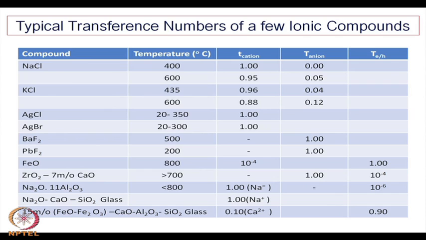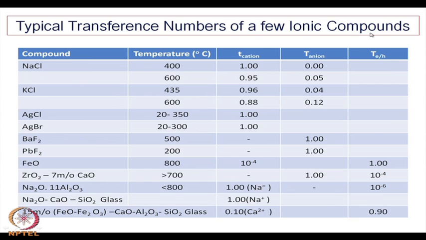Transference number is a very important parameter in relation to the ionic conductivity, and here is a list of the transference numbers of some of the compounds which have been mentioned earlier, at different temperatures, and the columns are cation conductivity, anion conductivity, and the electron or hole conductivity.